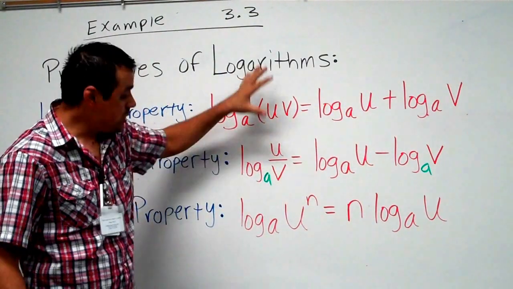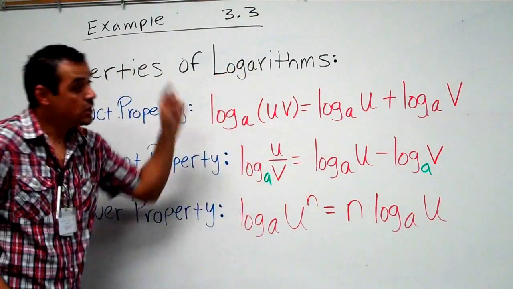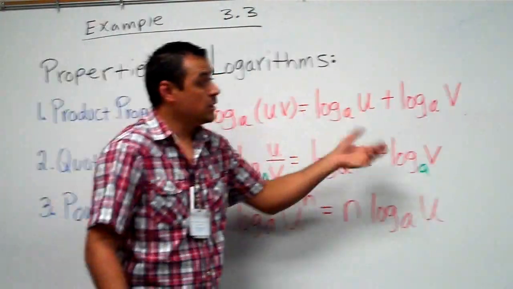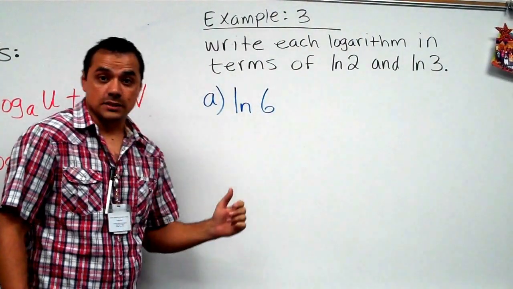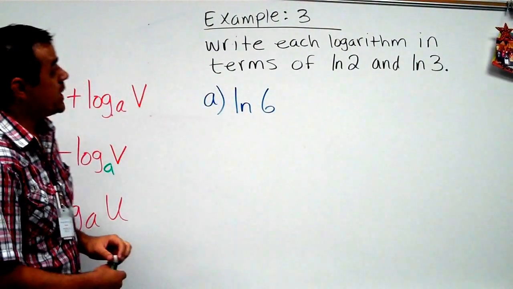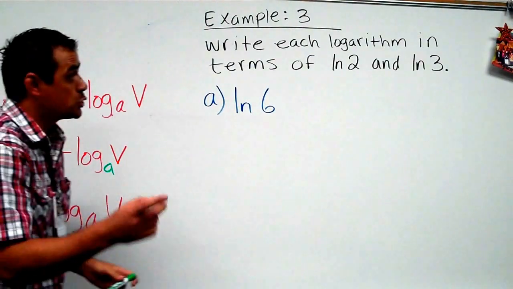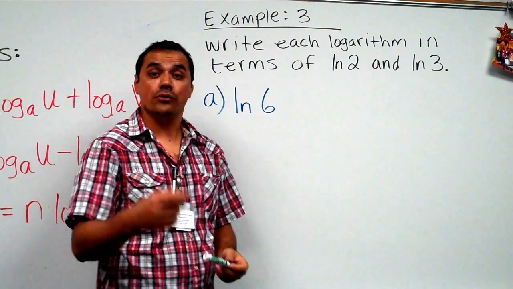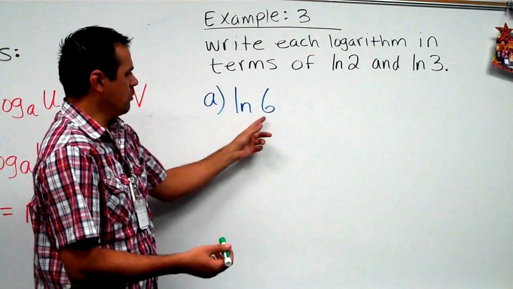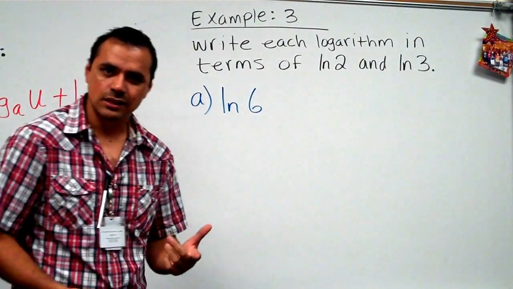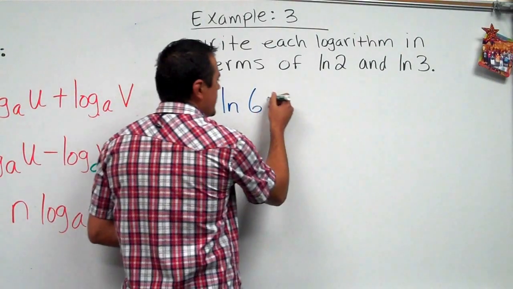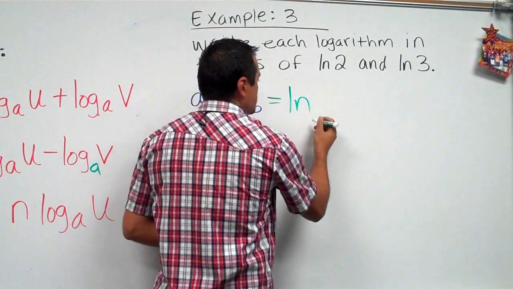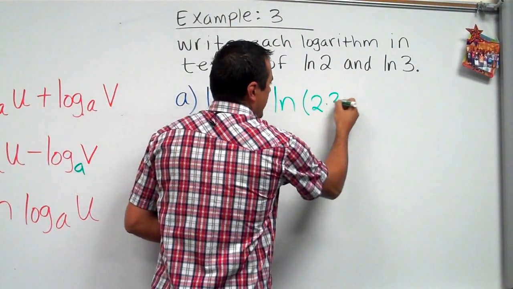So, now that we have some idea of how this works, let's apply it to this example, which is natural log of 6. According to this problem, it says, write each logarithm in terms of natural log of 2 and natural log of 3. Well, that's not a problem. I know that 6 is the same as 2 times 3. So let me rewrite it. This is the same as the natural log of 2 times 3.